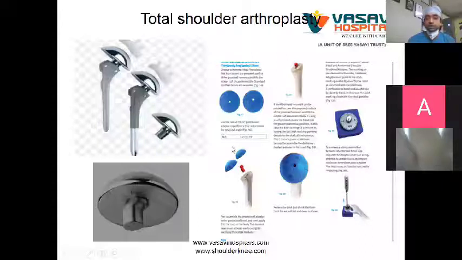So when we insert the prosthesis, we obviously do a trial. We dial the trial on the humeral metaphyseal surface like this, and then you know which one matches it better. We try to get a good cover on the humeral metaphysis.